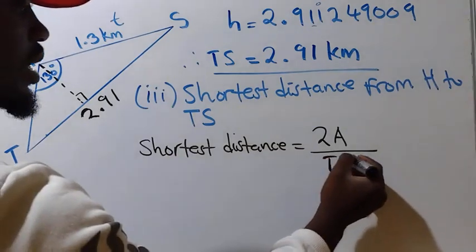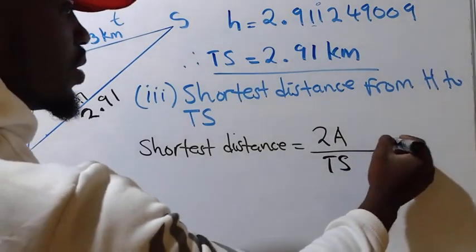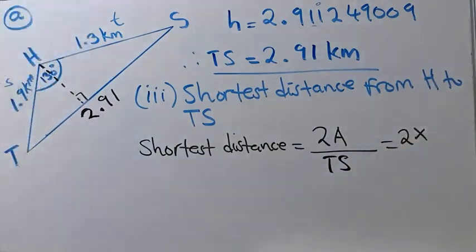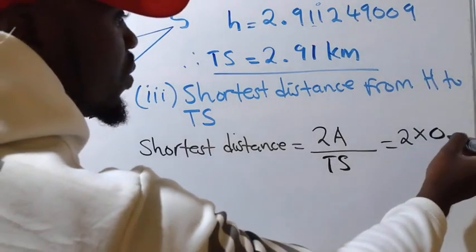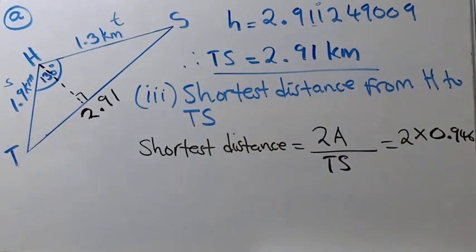So from there you are going to have 2 times the area. Now, what was the area? Remember, this is the first question that we answered. These questions are very tricky. If you failed the area, it means that you are going to fail even this question. So you have to make sure that you are calculating them nicely. The area was 0.946. That was our area.